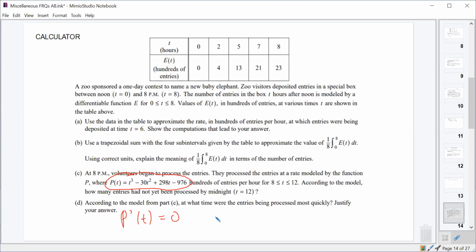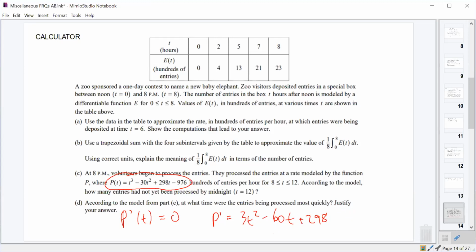You can do that in a couple of different ways. I think what I would do is say, all right, P prime is 3T squared minus 60T plus 298. And then since this is a calculator question, I would just have the calculator tell me when that's equal to 0.